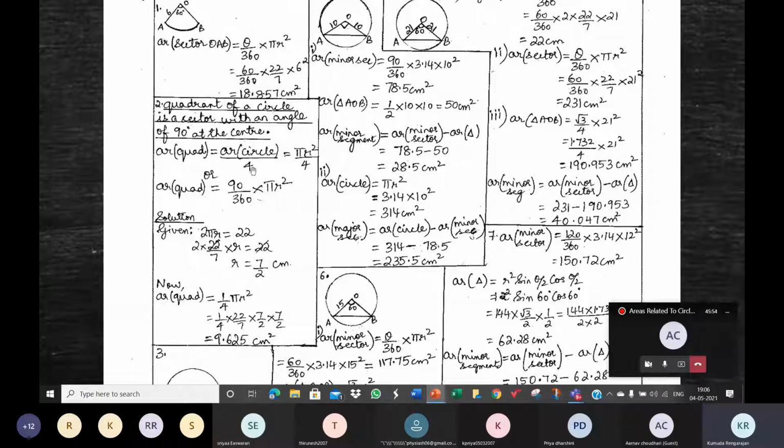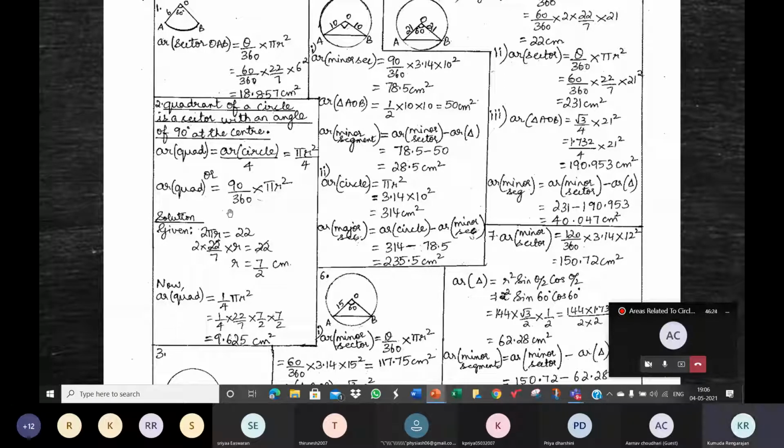So what is it in this question? We have to find the area of a quadrant. A quadrant is a sector with sector angle 90 degrees. Area of the sector is equal to theta by 360 into pi r square, which is 90 by 360 into pi r square, that is 1 by 4 pi r square.